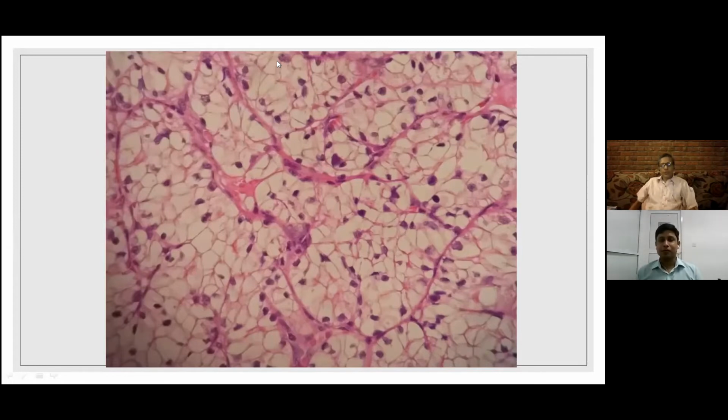So now you explain to the patient that you have removed the tumor completely and the patient has recovered well. The patient's son wants to know whether this could be familial and whether the children of the patient can get this tumor or cancer. What will you say?